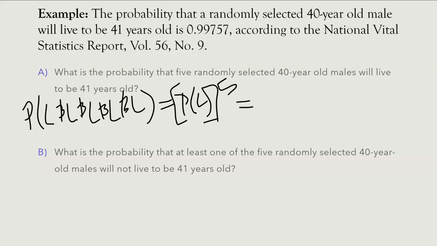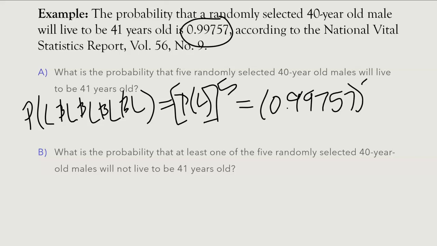We know the probability of living to be 41 is 0.99757, so we want to take that number and raise it to the 5th power. If you do 0.99757 to the 5th power, you end up getting approximately 0.98791.